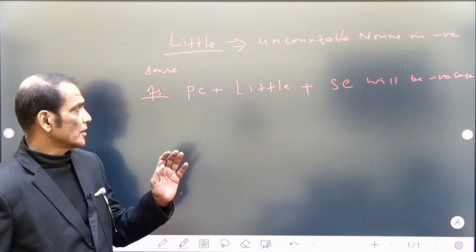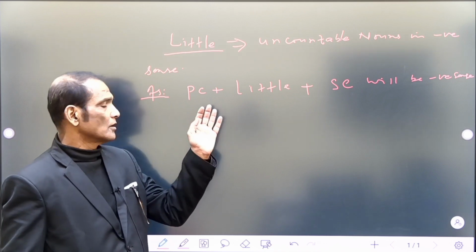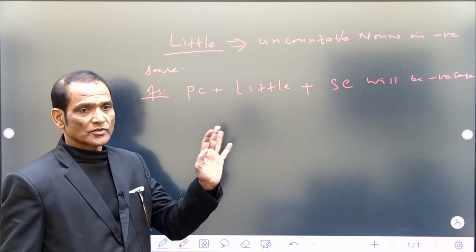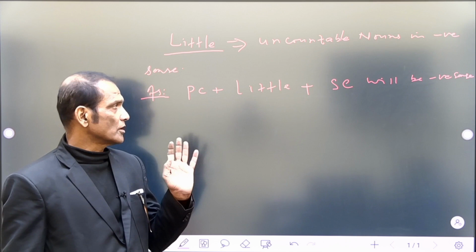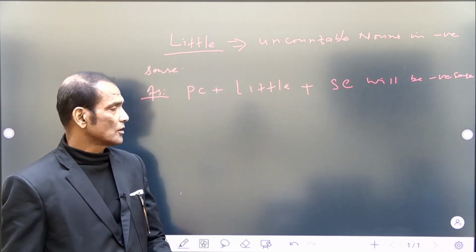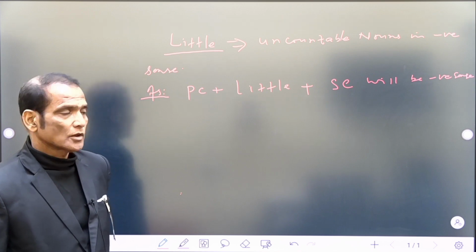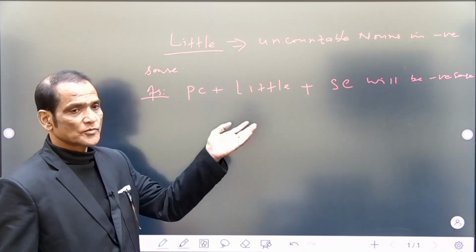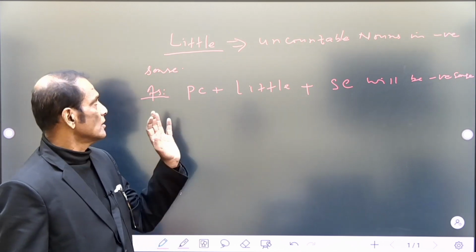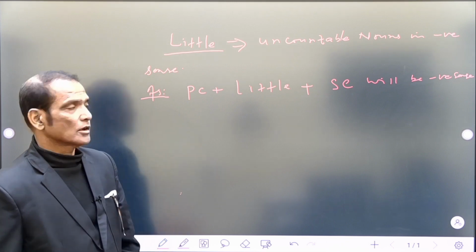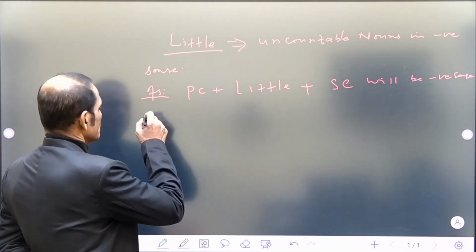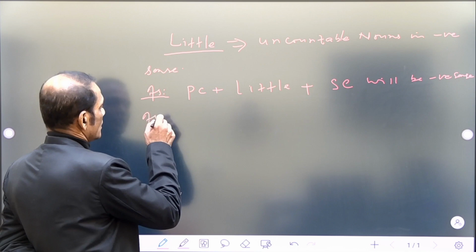Again I am clearing it. If you have used little in your very first sentence and you are going to say something just after this sentence, so that one sentence should be in negative sense. It can't be in positive sense because little gives negative sense and it is used for the nouns which are uncountable.